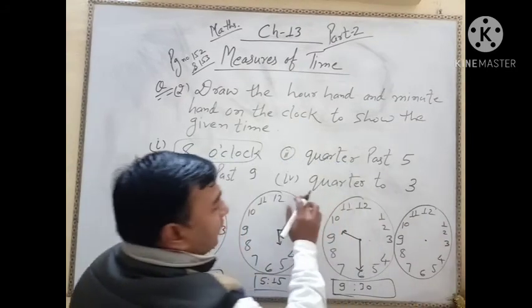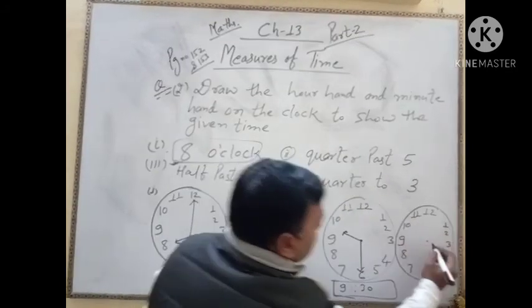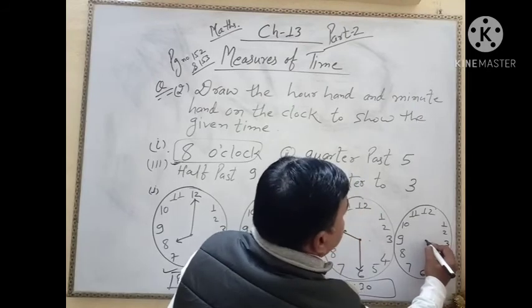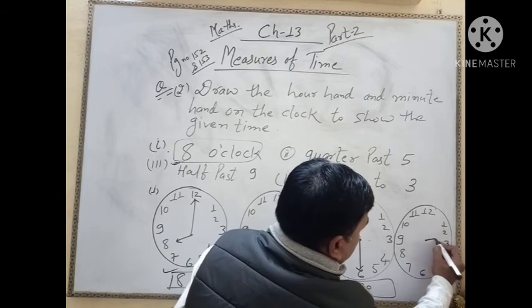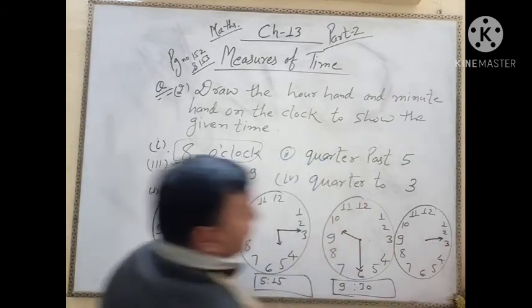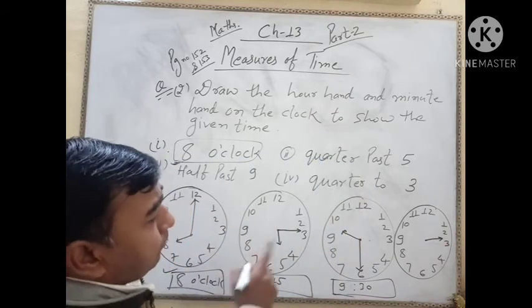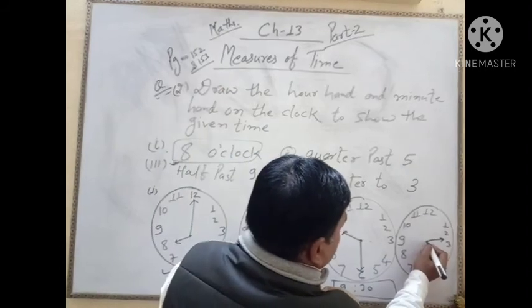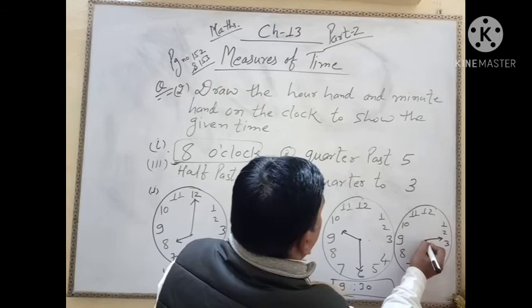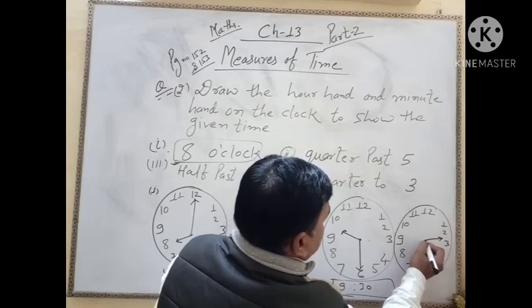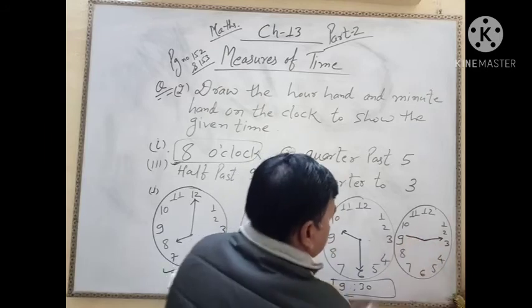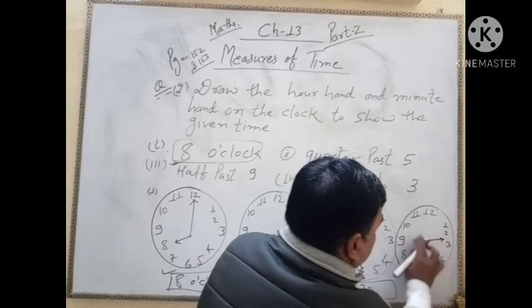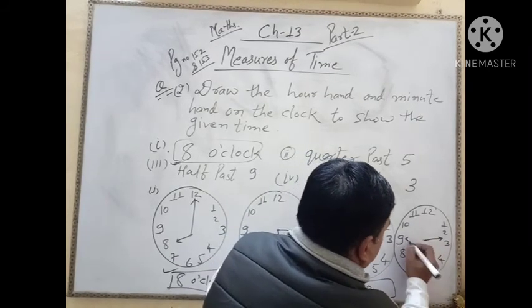To show this time on this clock, we will draw a smaller hand nearest to 3 and the minute hand will be on 9.